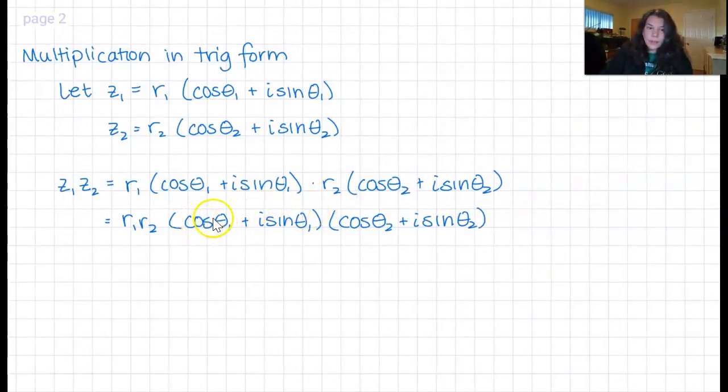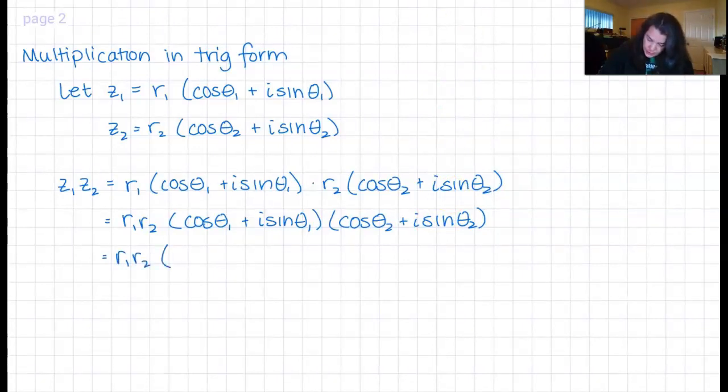Let's get ready. So I'm going to do the cosine theta 1 times both terms. I'm going to do the i sine theta 1 times both terms. And just to shorten things up a little bit, when I do the last part, when I do i sine theta 1 times i sine theta 2, remember I'm going to get the i squared, which is -1. Okay. I still have the r1, r2 though, I can't forget that.